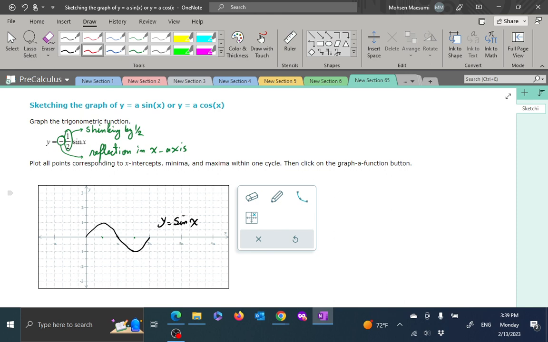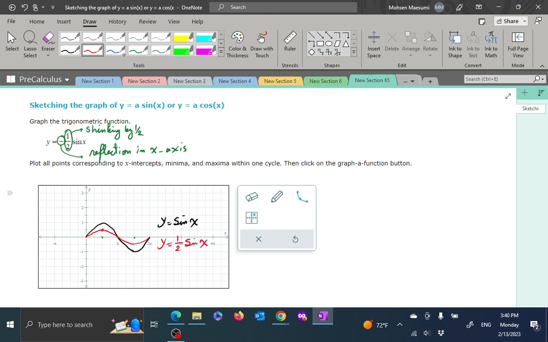When I multiply by 1/2, instead of going to height of 1, I'm going to 1/2. And then I go to 0. 0 times 1/2 is 0. Minus 1 times 1/2 is minus 1/2. So the red one is 1/2 sine of x.